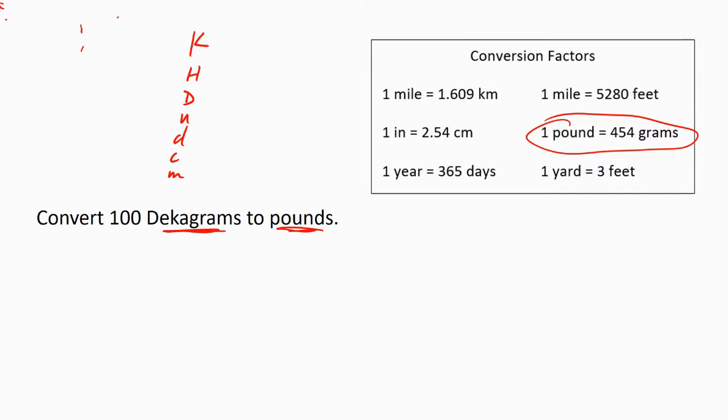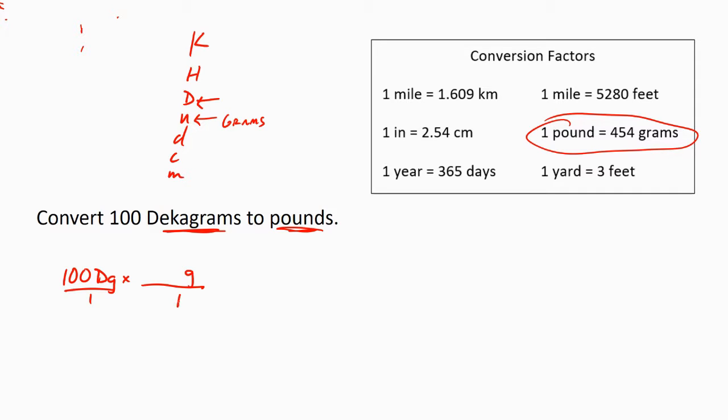If it's deca, remember that's the capital D, and grams happens to be in the U. So that's where the grams falls under. That does mean we need to convert from decagrams to regular grams. Our first conversion factor should be going from decagrams to regular grams.